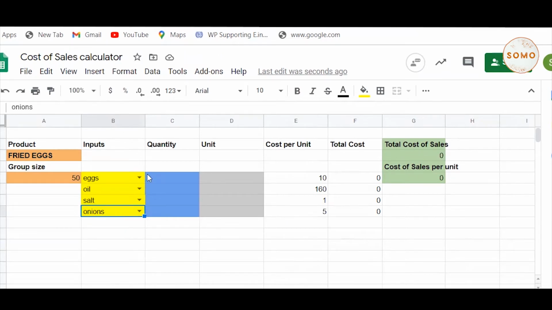After filling the part of inputs, the next column that we'll fill is the quantity column. In the case of eggs, we'll need 100 pieces of eggs. In the case of oil, we'll need 2 liters of oil. In the case of salt, we will need 25 tablespoons.